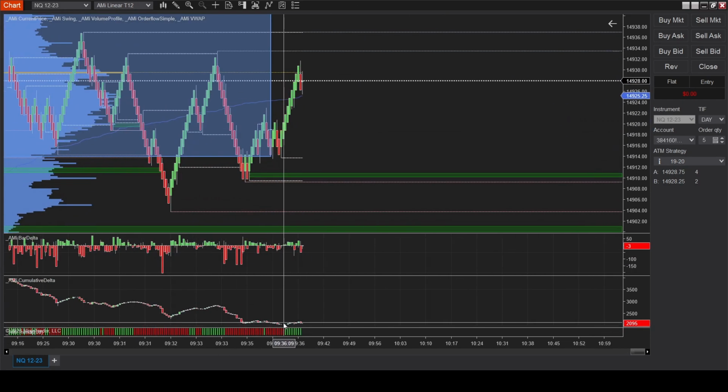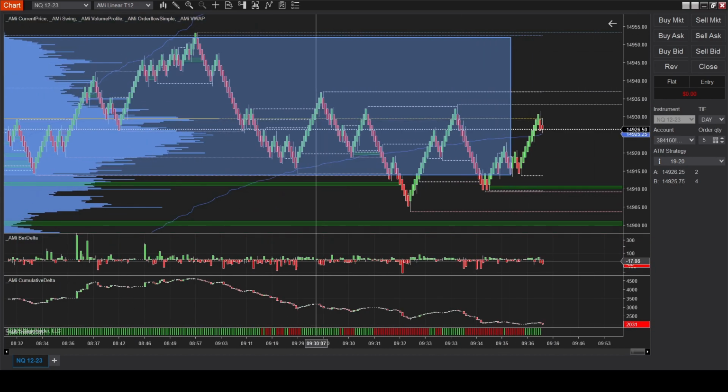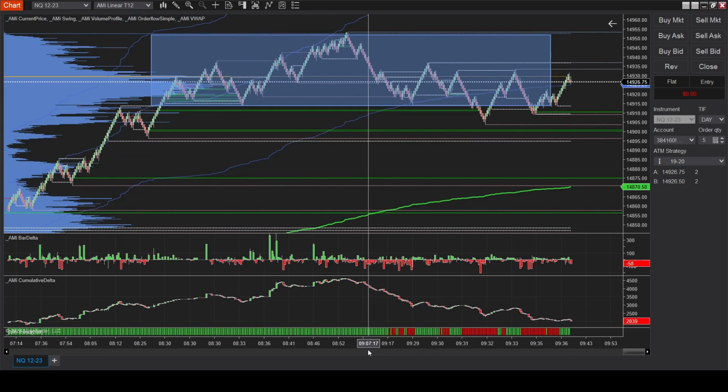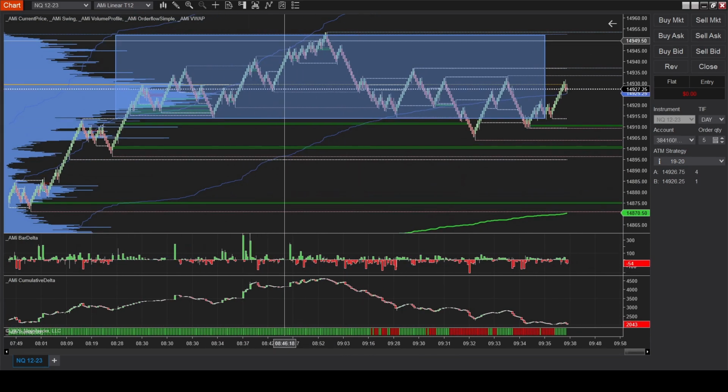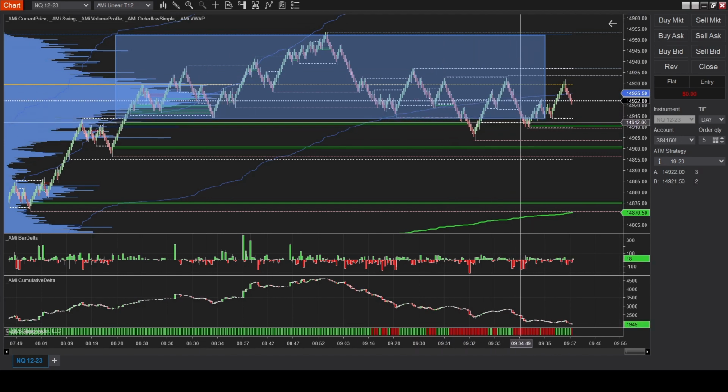Price coming back into point of control again. Definitely an area of interest. Top and bottom range of the area is holding.